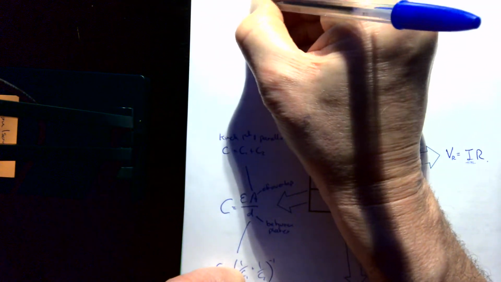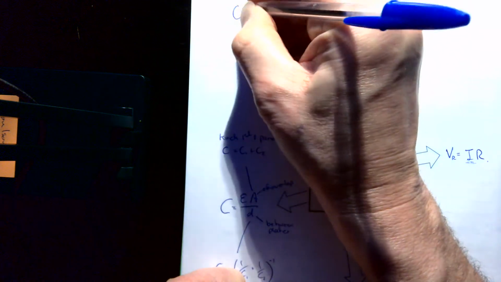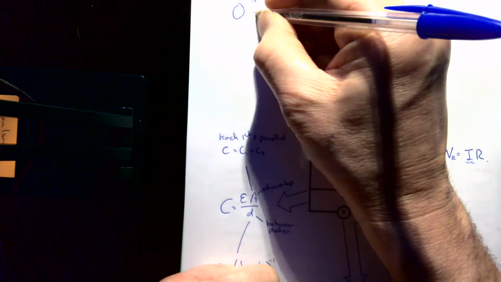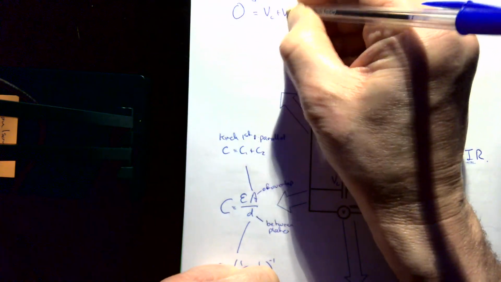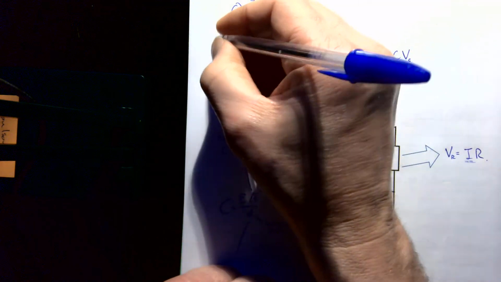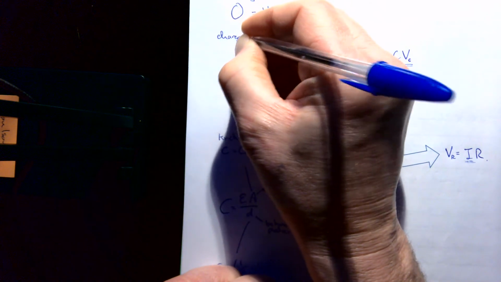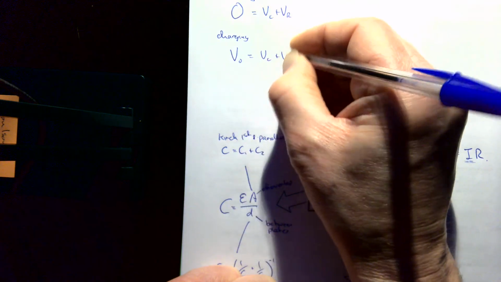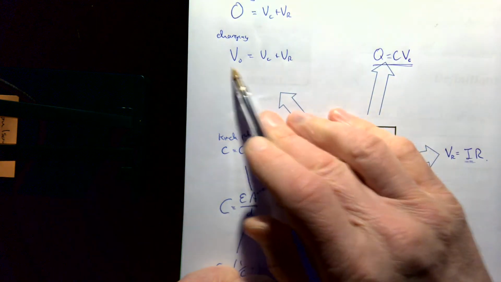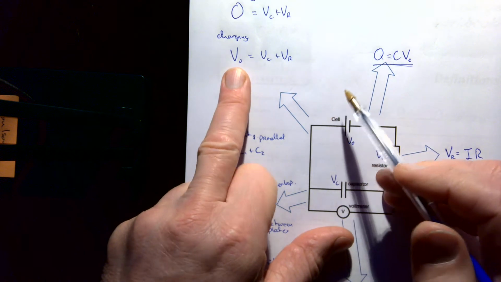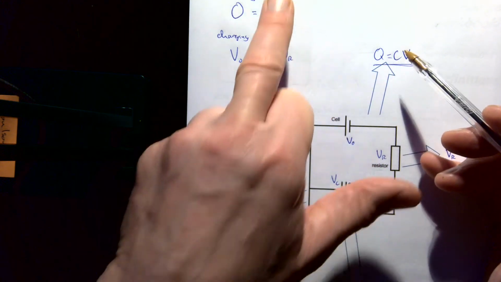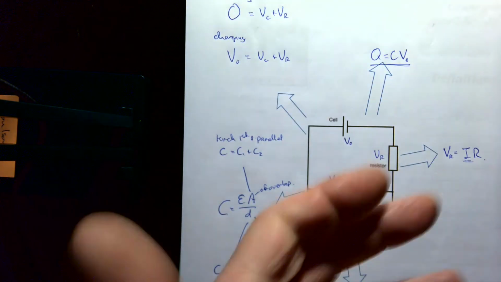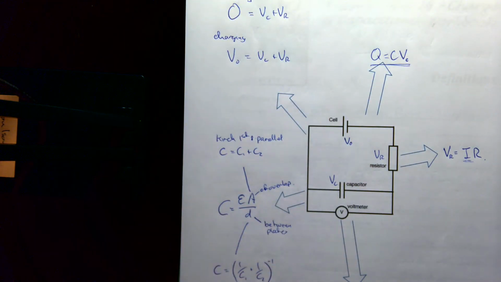If it's discharging, then you've only got your resistor and your capacitor, so V equals VC plus VR, whereas for charging you've got V0 equals VC plus VR. The first one may look odd until you look at that one. EMF equals the two PDs added up. For the second one, if you're discharging, you have no EMF, so VC equals minus VR to be more exact.